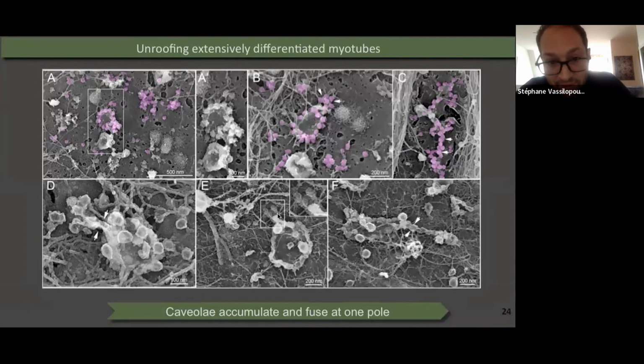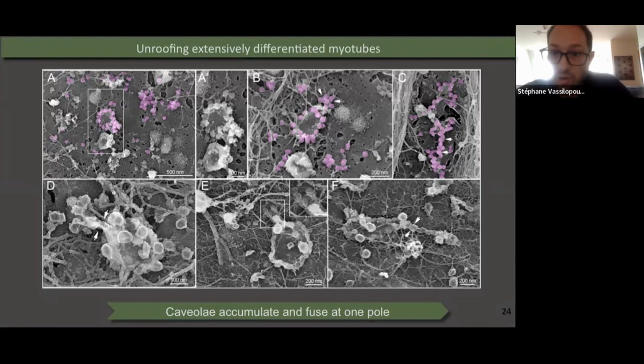And here is another one where you can even see the caveolae material leaving from the ring. And this one again shows this almost spherical structure and a longer tubule sticking out of it with these beaded structures. So the caveolae are localized all along these tubules, and they're forming like a beaded necklace.